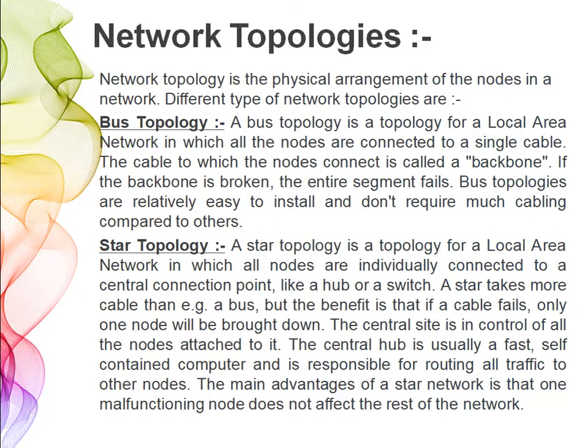So the physical arrangement of the devices in a network is called network topology. Clear? How you are going to arrange them so that the network can be formed. So different types of network topologies are there. The first one is bus topology.